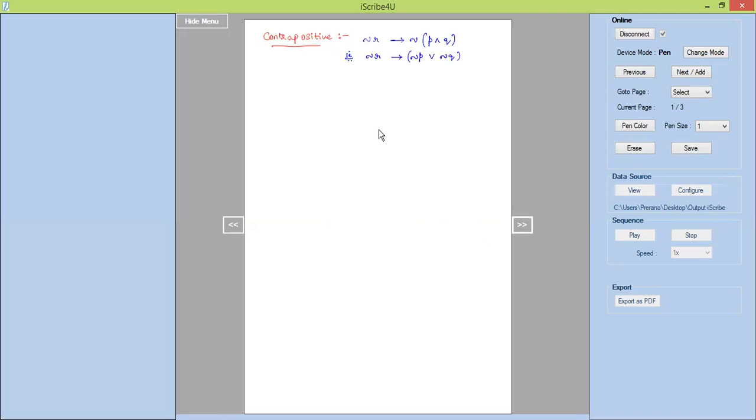We'll put the same thing in the form of words now. Negation R means if, then, conditional represents if then.